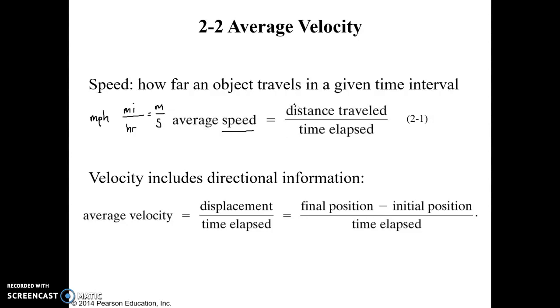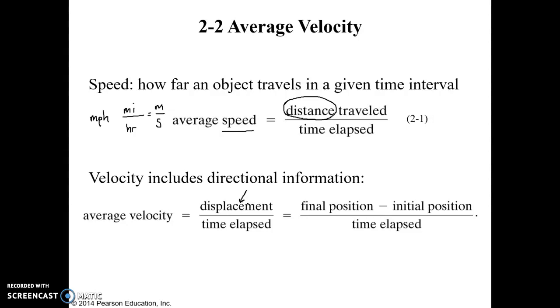But speed is just talking about distance traveled, how far we went. If we include the direction that we're going, are we going from left to right, up and down, or some combination of the two, that gives us our displacement.